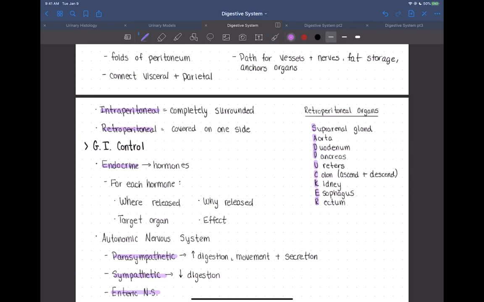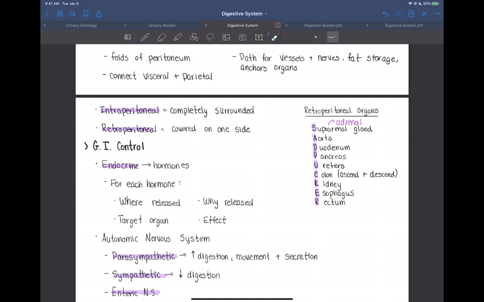The suprarenal gland is the only one that's a little weird. I guess they're trying to get it to fit an S. This would be the gland that is superior to the kidneys, renal meaning kidneys. This would just be referring to the adrenal glands. All right, so that's the adrenal glands.